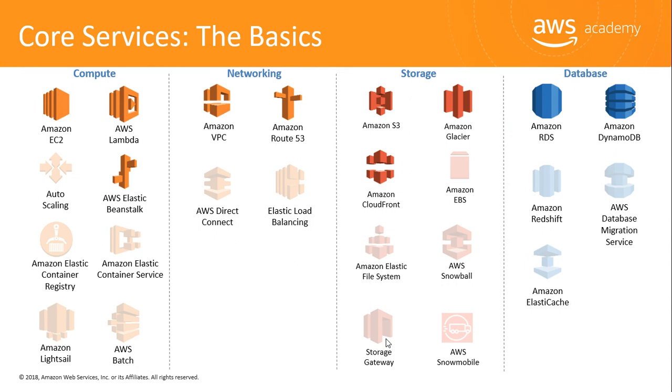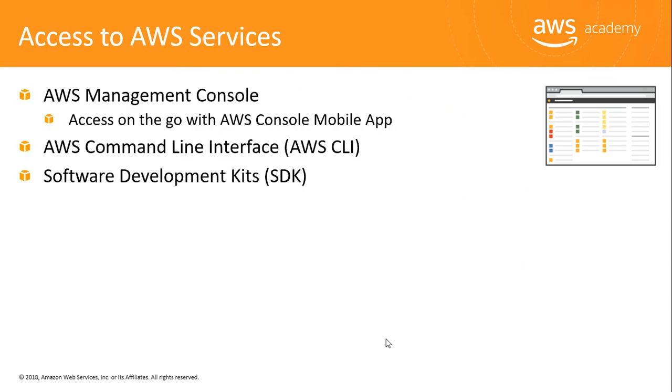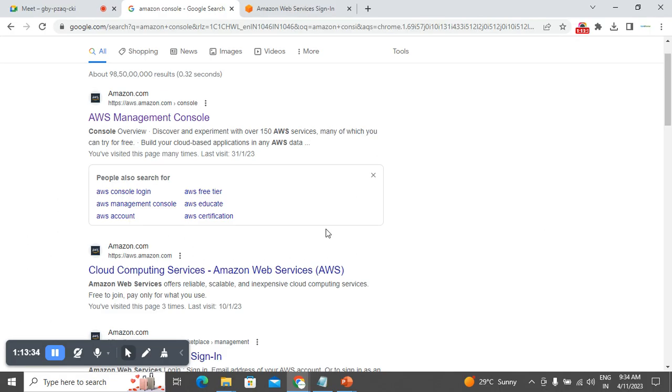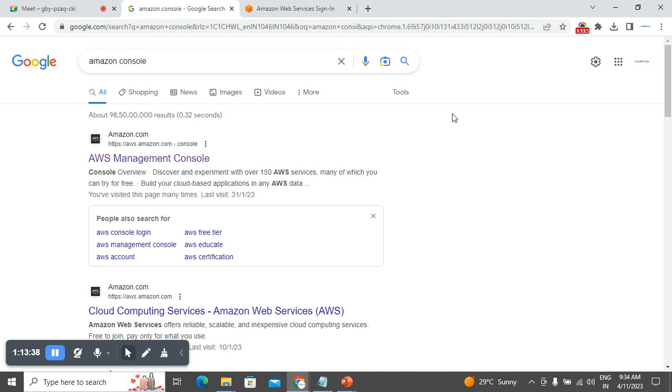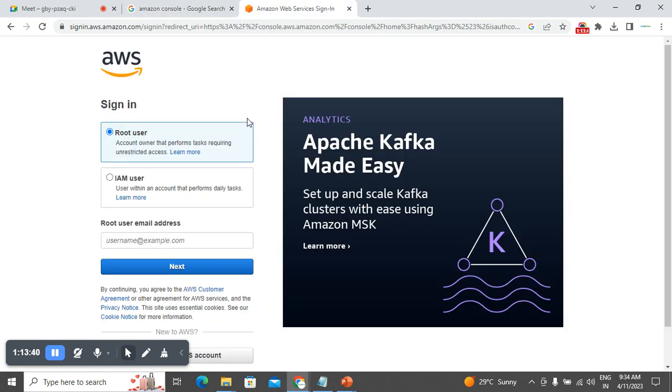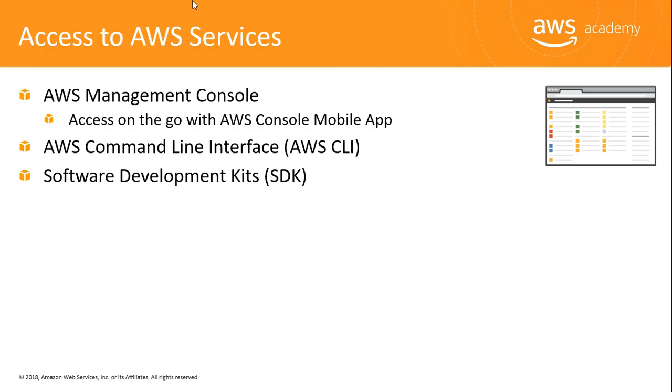First, it can happen through the Amazon Management Console. Amazon Management Console is nothing but the website where you will be logging in and creating the services. That we can do in the practical part.